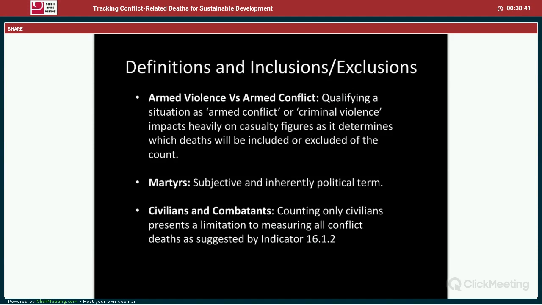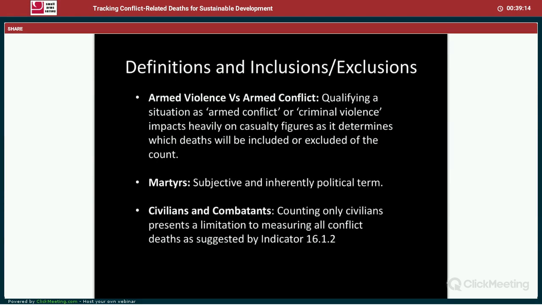And my final point about civilians and combatants is that of the entities which I reviewed, some of them only recorded civilians, and some, like the Libyan Ministry of Martyrs and Missing People, only recorded combatants, because their mandate was to give compensation to the families of combatants, and they didn't want to say too much about the civilians who died in the conflict, obviously for political reasons.